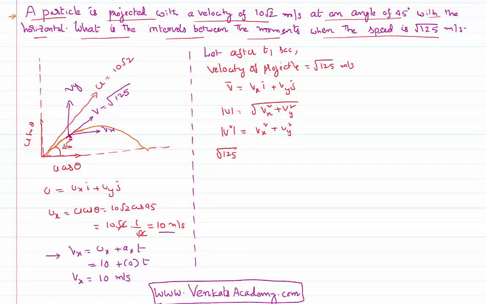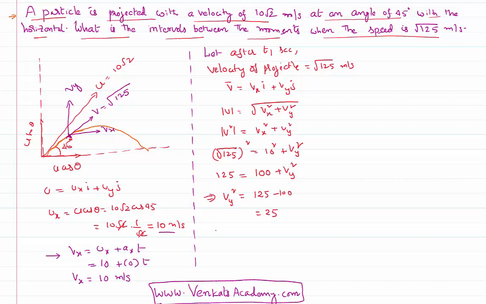V is root 125 square. Vx square is 10 square. I have to calculate vy square. So 125 equal to 100 plus vy square. That implies vy square is 125 minus 100.